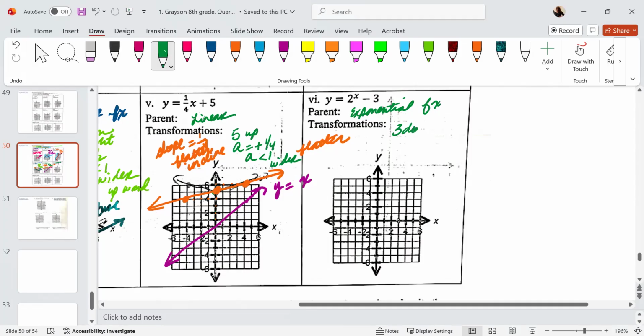Transformation. 3 down. Yeah. And then that's it. There's nothing else, because the original function is y equals 2 to the x, correct? So it's not wider, it's not flatter, and it's not more stretched. So originally it's just going to be like this. Correct? Wait, is it like that? Yeah, it is.